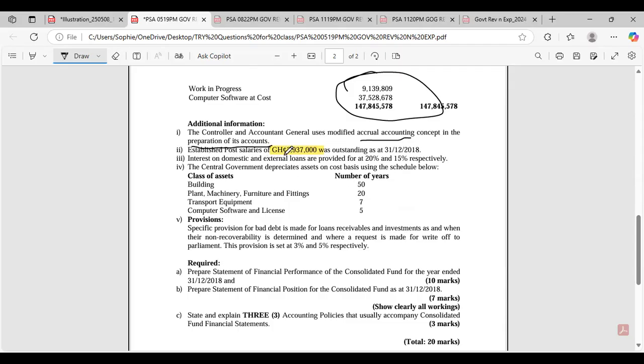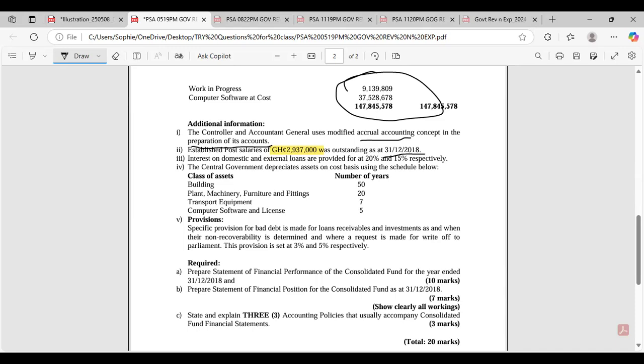Established post salaries of this amount was outstanding as at 31st December 2018. Outstanding means accrual or owings, a liability. This figure will go to the balance sheet, or statement of financial position, as a current liability.